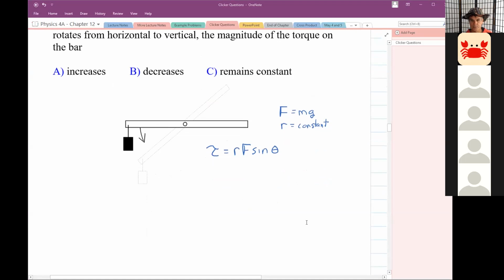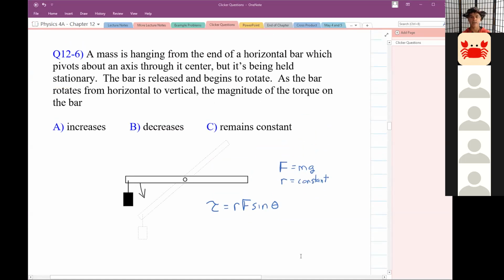Anytime I want to know the torque from a force, it's R, the magnitude of the distance away, times F, times the sine of the angle between them. In this case, what is the force? The force is just the force of gravity, mg, pulling down on this mass.